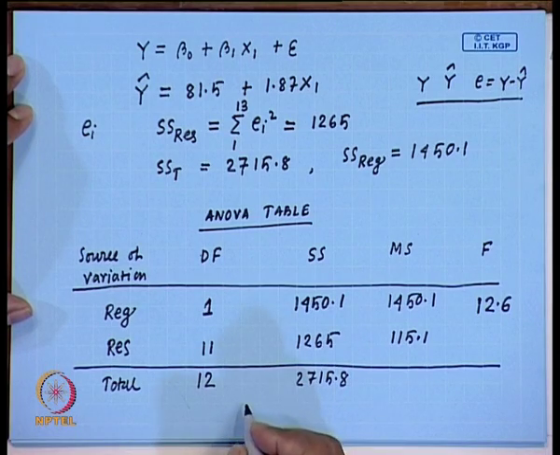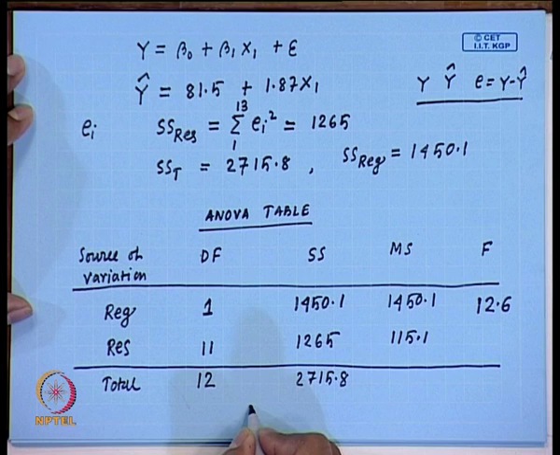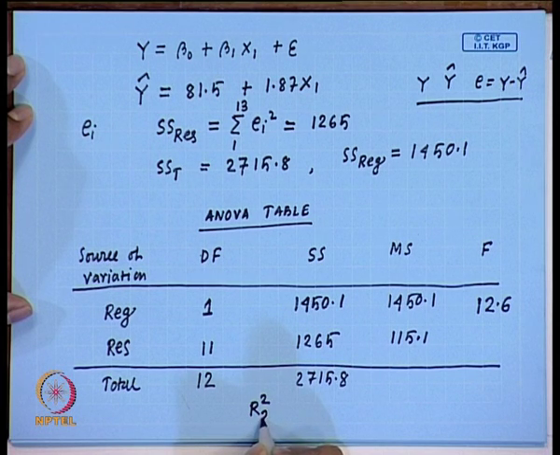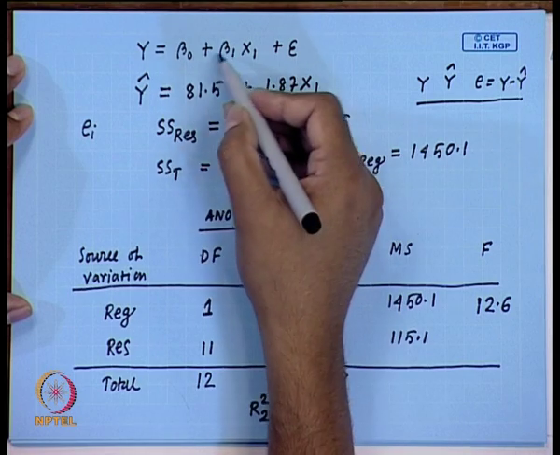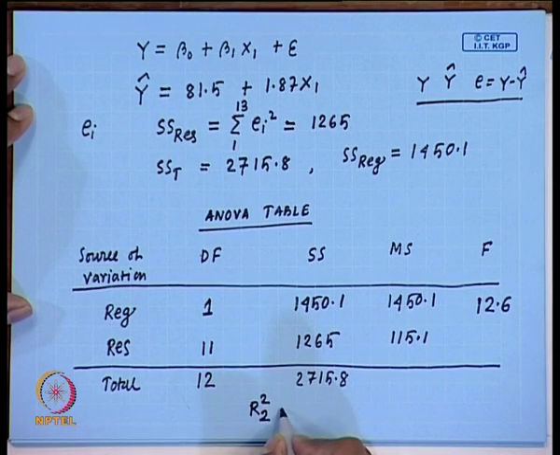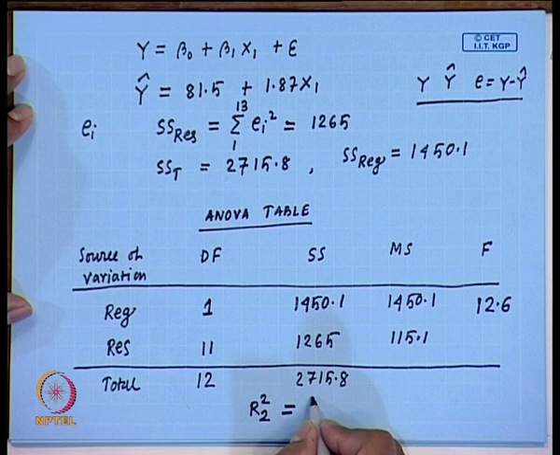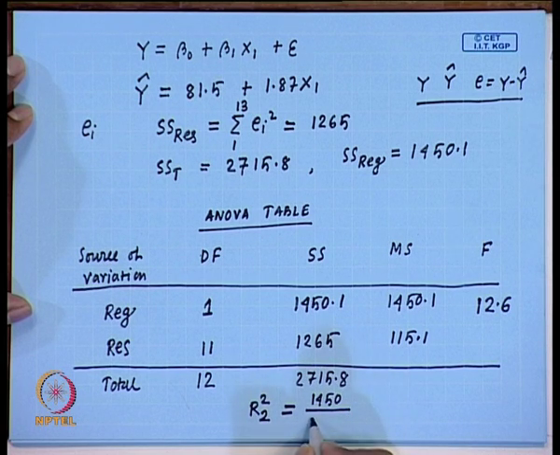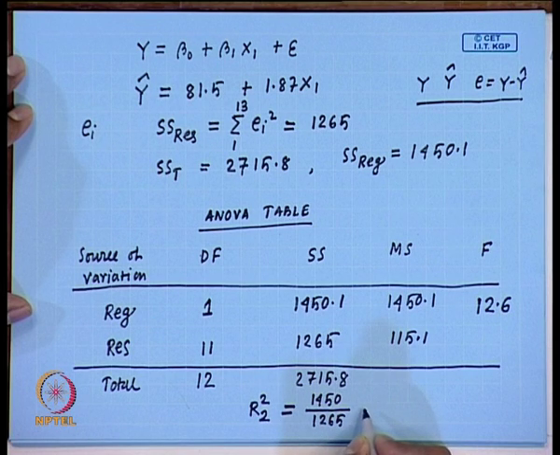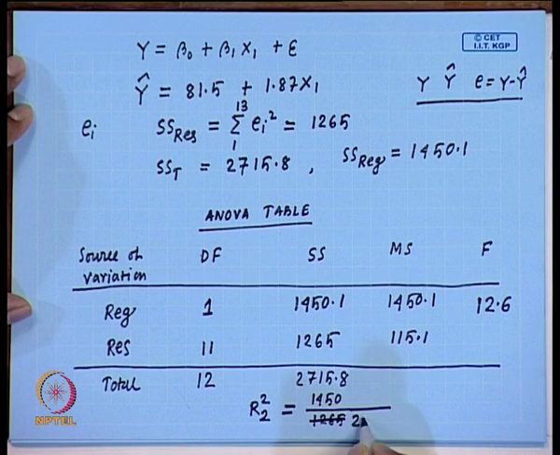So, here the coefficient of multiple determination R square, here p is equal to 2 because there are 2 unknown parameters, and here R 2 square is equal to SS regression, which is equal to 1450 by, SST which is equal to 2715.